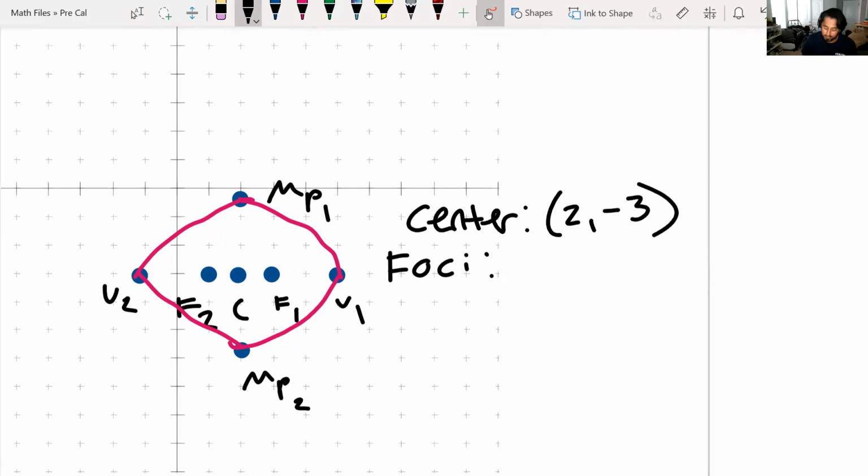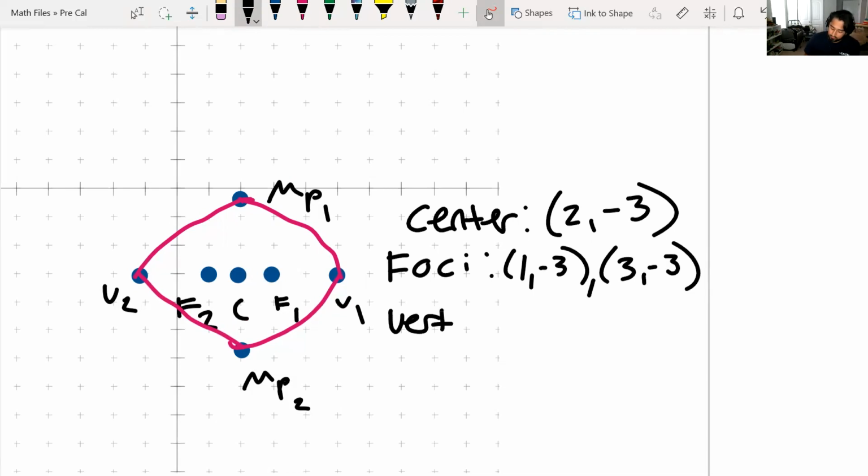So foci, my first one I see here is at 1, -3, and the second one is given at 3, -3. And then vertices, we see we have 1 on the left side here at -1, -3. And the other one's given at 5, -3.